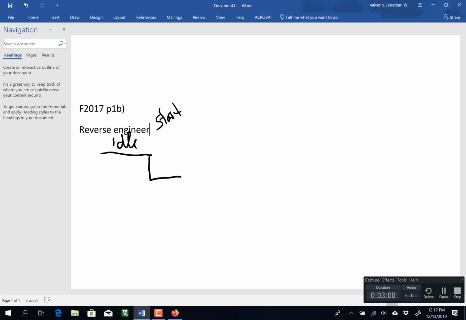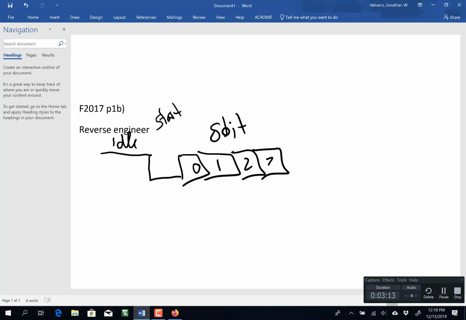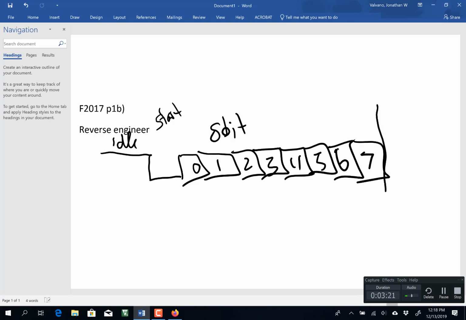So that is the next phase of the information: bit 0, bit 1, bit 2, bit 3, bit 4, bit 5, bit 6, bit 7.